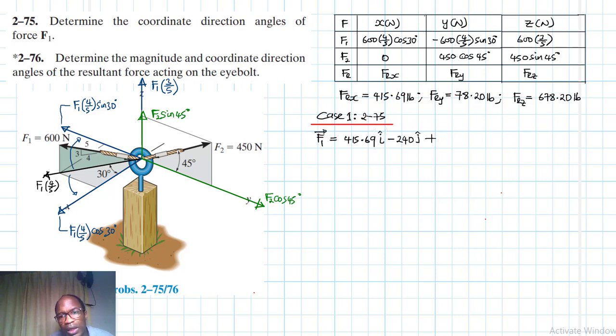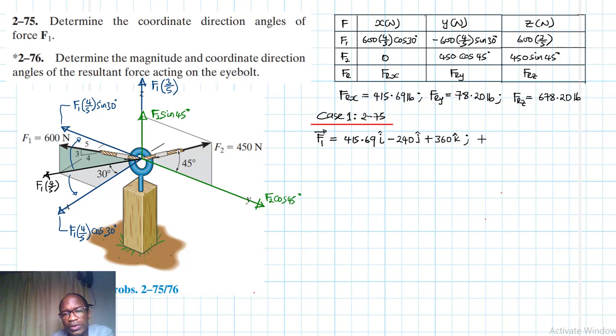And then we have a plus 600 by 3 divided by 5, that's 360. This is in newtons, but I don't need this for now.